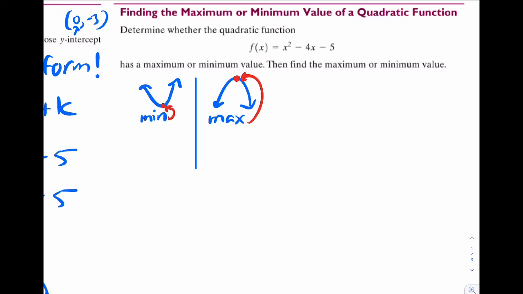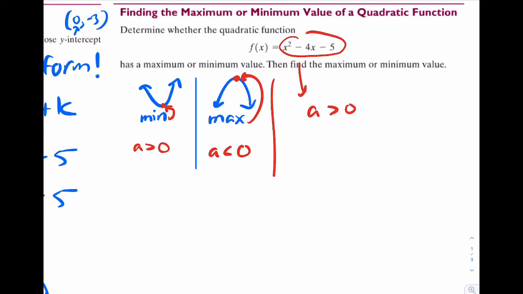And just think about how that happens. This parabola is considered a positive parabola, meaning a is positive. This is a negative parabola, meaning a is negative. So by simply looking at this equation, I can see that a is positive, which means that for this particular equation, or parabola, it must have a minimum value, since it's a positive parabola.